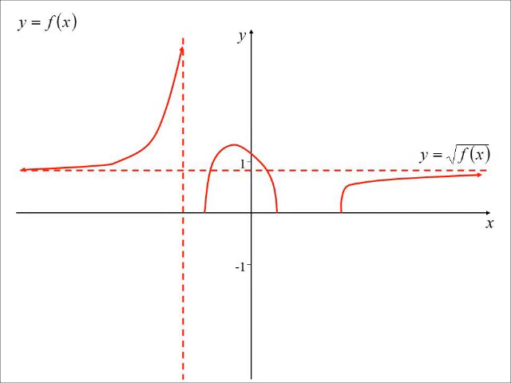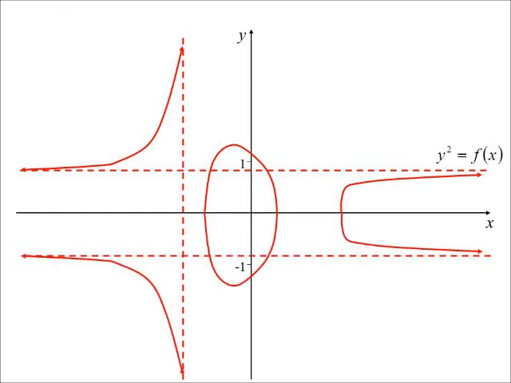Okay. So square root of function x takes a little bit of thinking about those x-intercepts. What exactly is going to happen? Now, another question they like to ask, instead of saying y equals the square root of function x, they ask y squared equals function x, which is slightly different. Because if it's y squared equals function x, you now have y equals plus or minus the square root of function x.